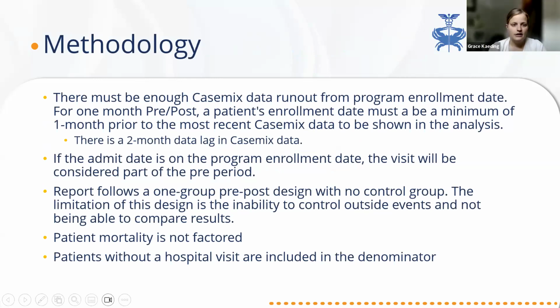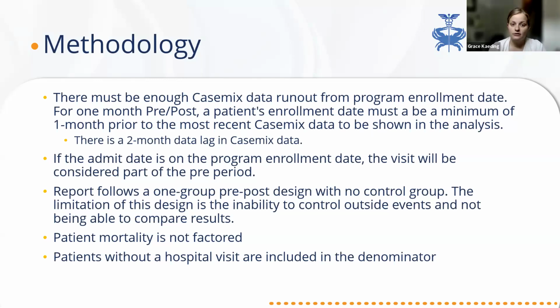So for the methodology, taking a step back before we show all the features, we must have enough case mix data run out from a program enrollment date in order to be included in pre-post. So for 1 month pre-post, a patient's enrollment date must be a minimum of 1 month prior to the most recent case mix data.